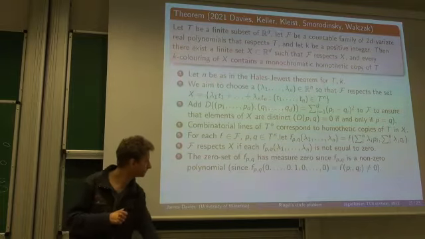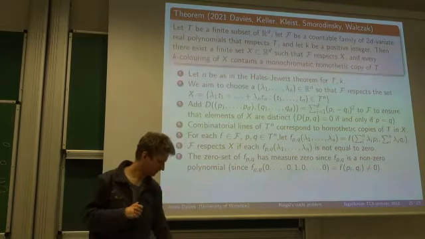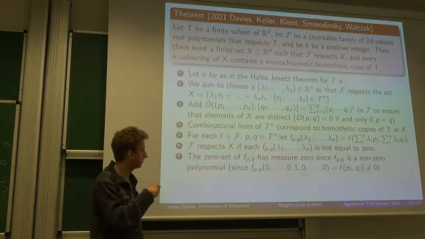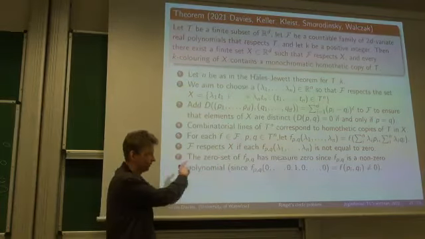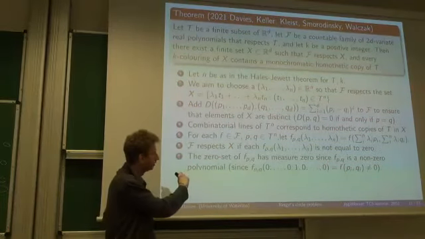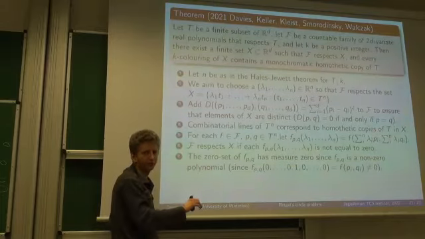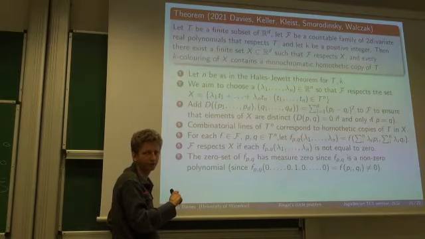So let's just focus on one of these F_PQs. We can say that the 0 set of it has measure 0. This is just because it's a non-zero polynomial, a polynomial that's not identically equal to 0.